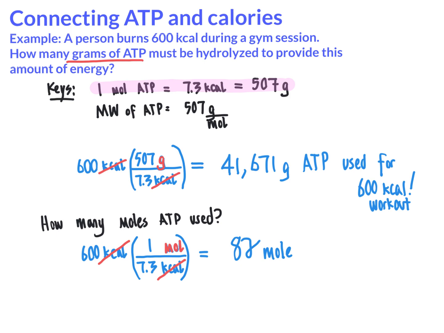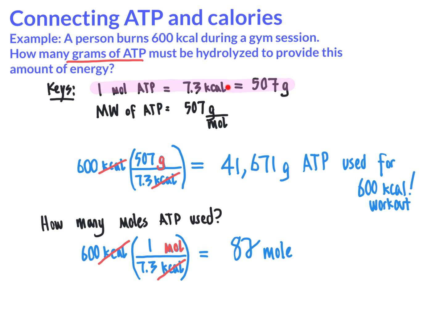So with this example in mind, you should now be comfortable with taking any amount of calories from any type of activity and determining how many grams of ATP would be used to enable that process to take place, with the key conversion factor being what I've highlighted here in pink: that 1 mole of ATP will generate 7.3 kilocalories, which is the same as saying 507 grams of ATP being used.